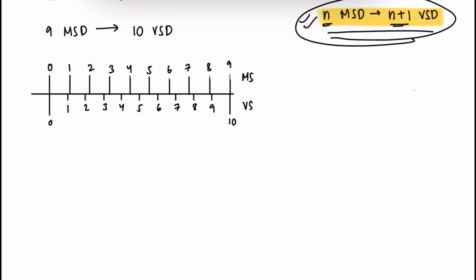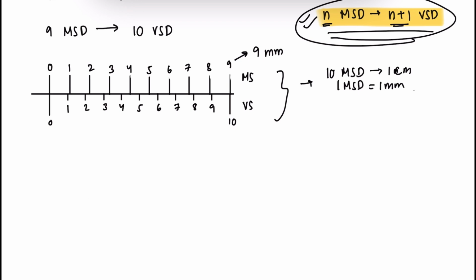So now that we've got that, and we know that each MSD, this is a regular Vernier scale, right? So there are 10 MSDs in 1 centimeter. So that means 1 MSD is obviously 1 millimeter. And so till here, we've got 9 millimeters of length.